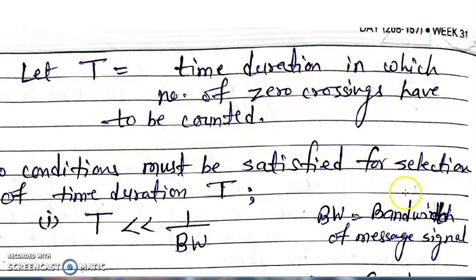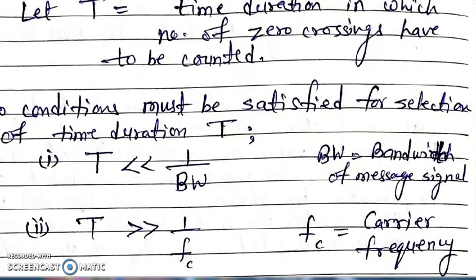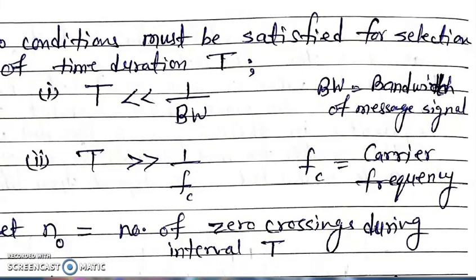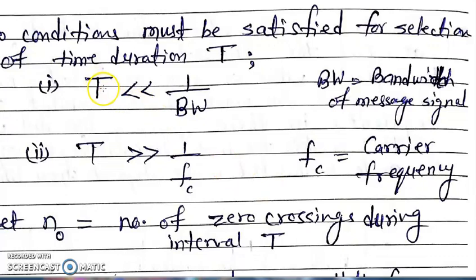how will we decide the capital T value? The conditions must be satisfied for selection of time duration capital T. The capital T time duration must be lower, it should be lesser than the bandwidth of the message signal, so that we can check the complete cycles of message signal.